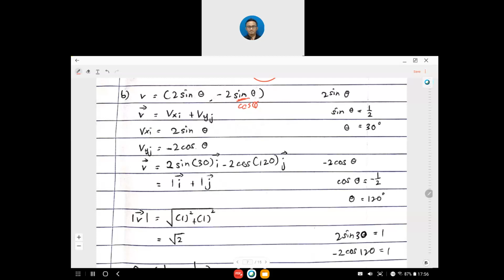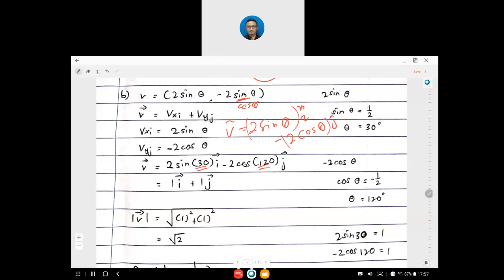Ni awak kira apa ni? Sudut 30. Mana dia bagi? Dia tak bagi pun angle. Mana boleh sebarangan buat gitu? Tak boleh. Okay, vector basis dulu you write. Okay, it becomes 2 sin theta i minus 2 cos theta j.